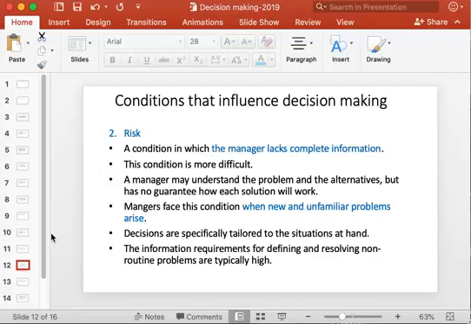Sometimes managers will have to make a decision under a condition in which the managers lack complete information of the problem, and this condition is more difficult.